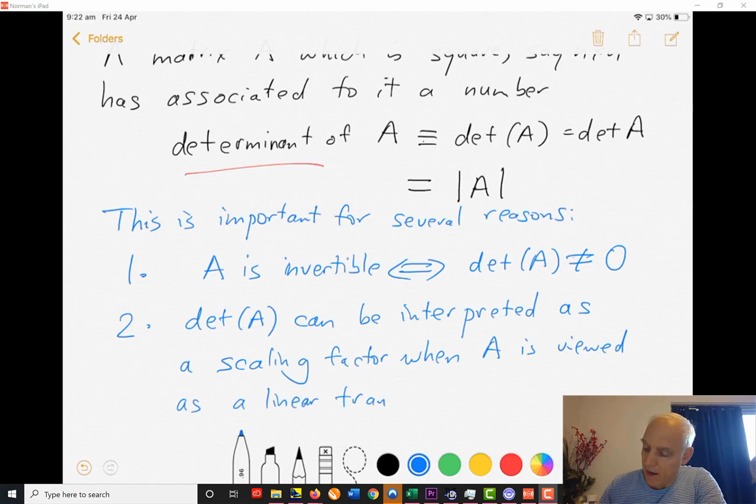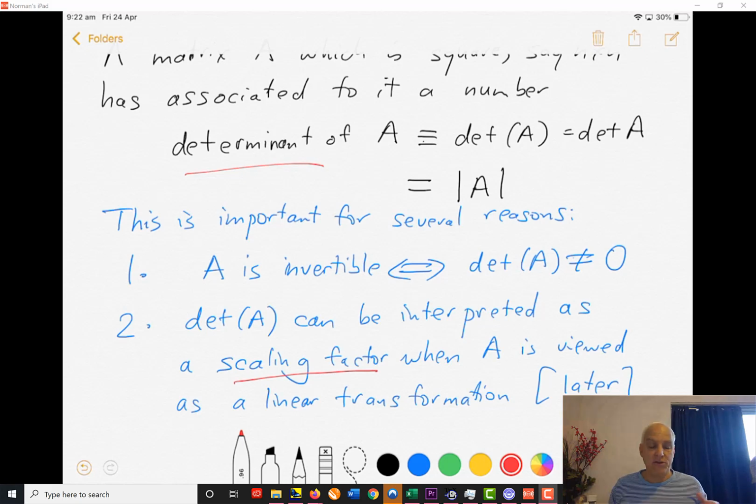Now I'm just writing this down here because we don't know what a linear transformation is yet. So we're going to explain this later in our second course, okay? But that will turn out to be an important aspect of it, that it's a scaling factor. It tells us how much a transformation scales areas or volumes.